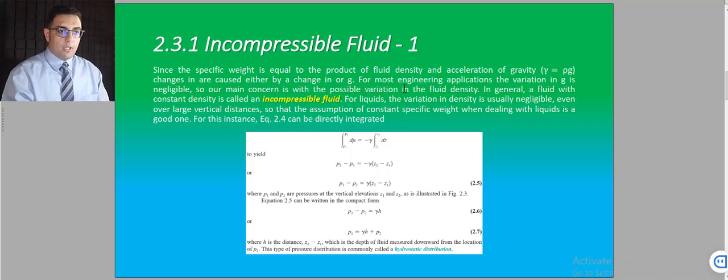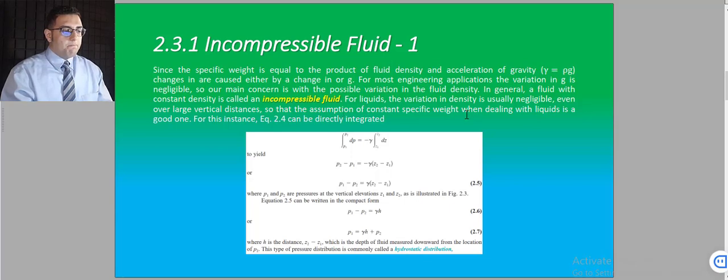If we have a fluid like liquids which have constant density, they are regarded as incompressible fluids. The variation in density is somehow negligible over large vertical distances.